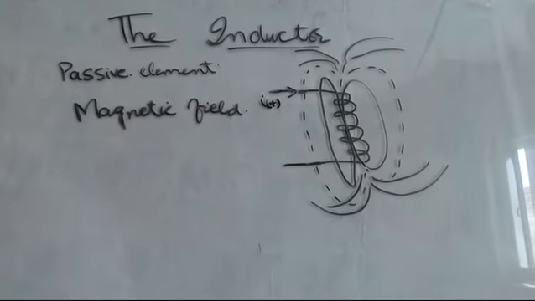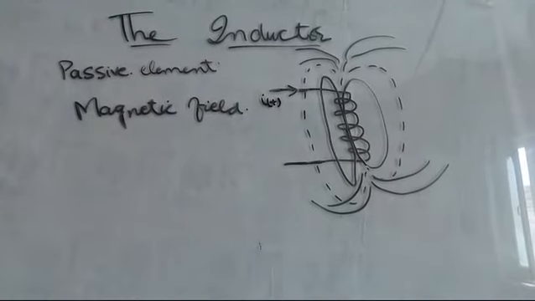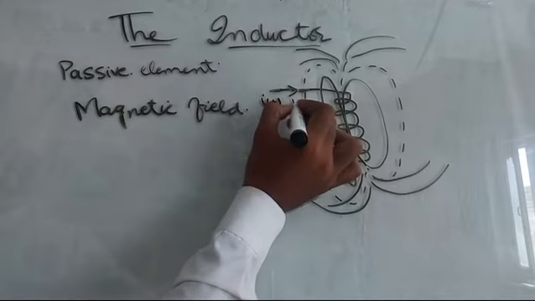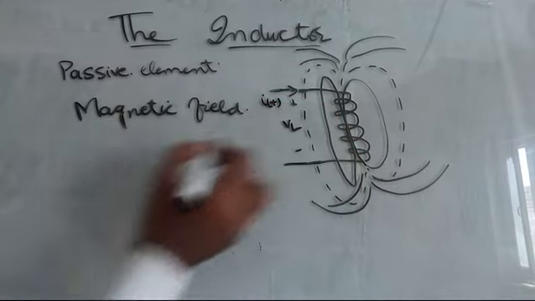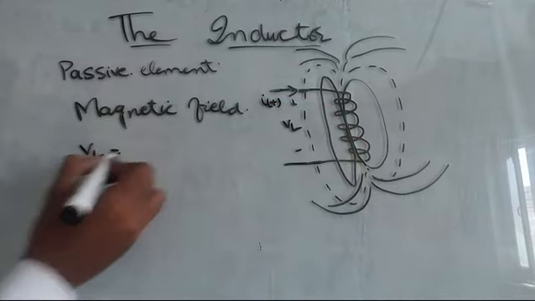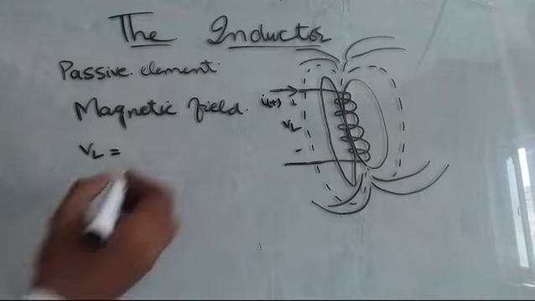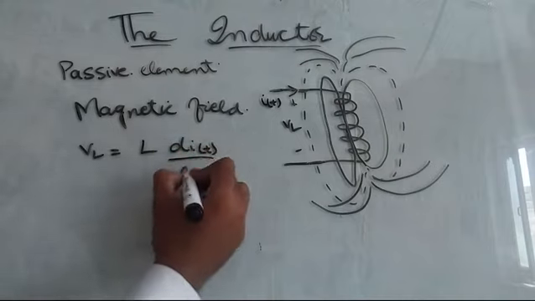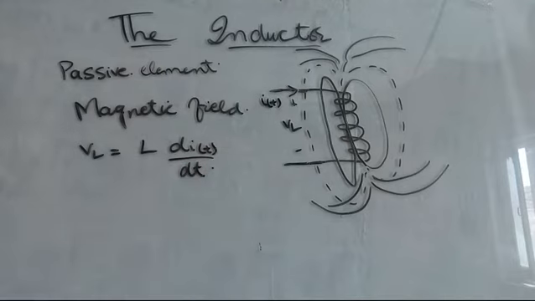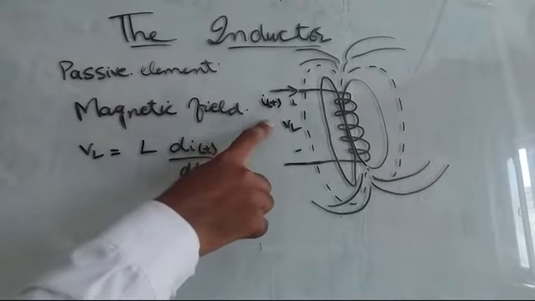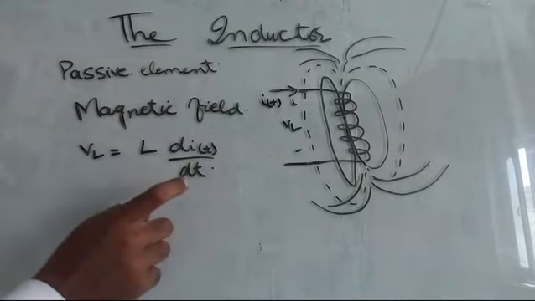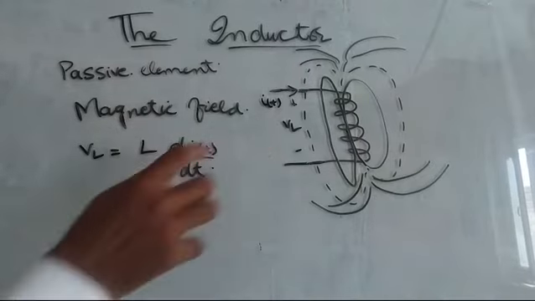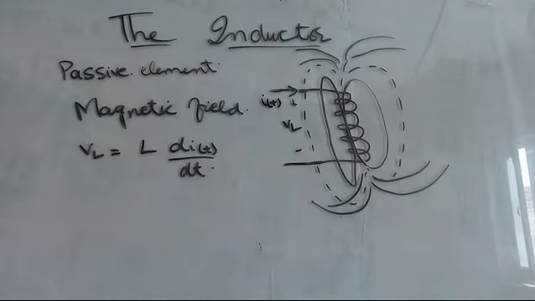Now we will see how we can find the voltage across the inductor, VL. The voltage across the inductor VL is equal to L di by dt. So the voltage is proportional to the derivative of the current. If the current is changing, then there will be a voltage across the inductor.